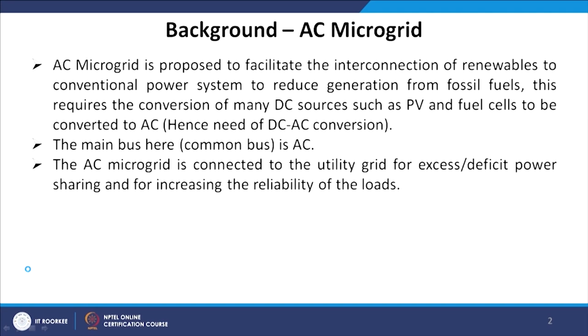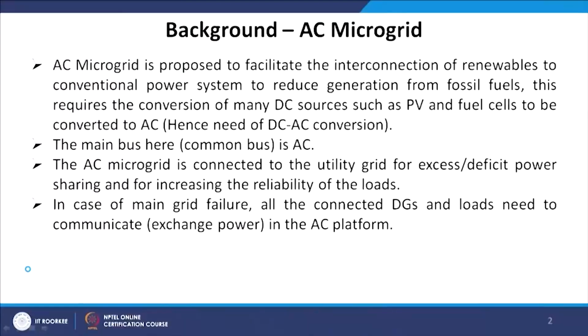The AC microgrid is connected to the utility grid for excess or deficit power sharing and for increasing the reliability of the load. It means the AC smart grid has to be connected with the grid, so that as and when the load increases, we can take power from the grid, and when it decreases, we can share power to the grid, and that increases the reliability and robustness of your AC microgrid.